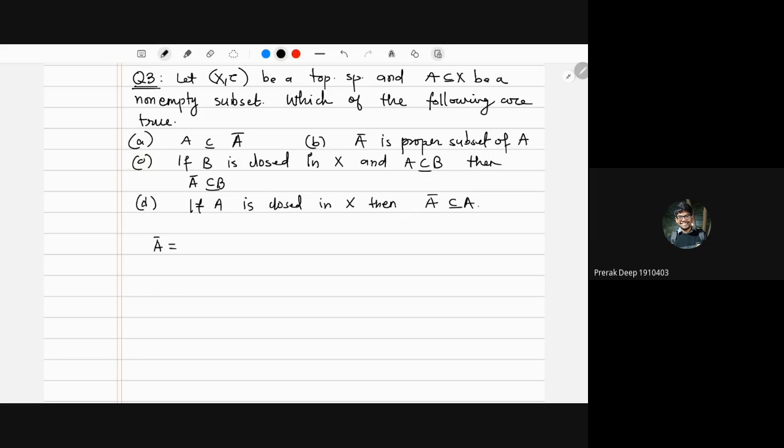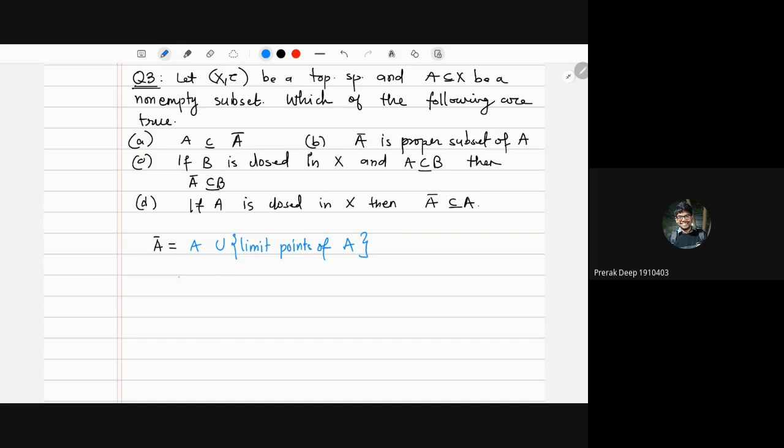So A closure is what? Let us recall that it is A union with the limit points of A. A closure is nothing but A union with the set of all limit points of A. Now, what is a limit point of A?